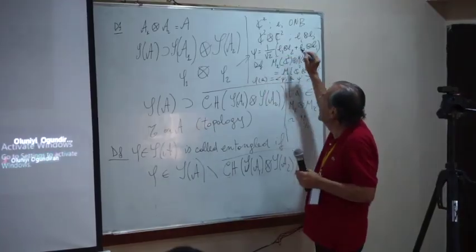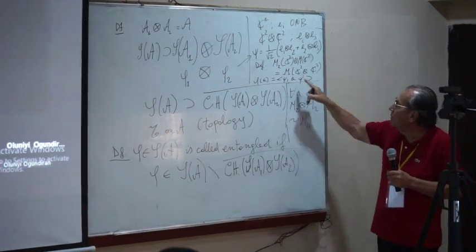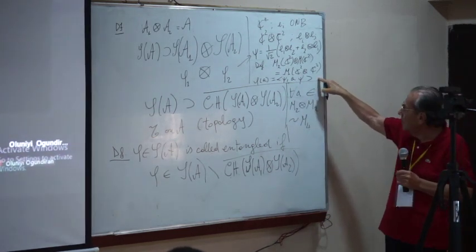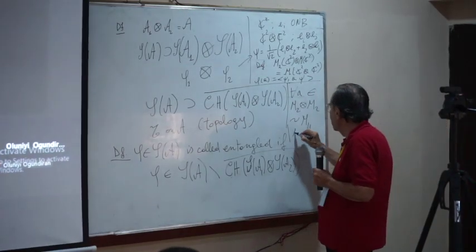If psi has this form, the corresponding state of the matrix algebra given by this expression is called the maximally entangled state.